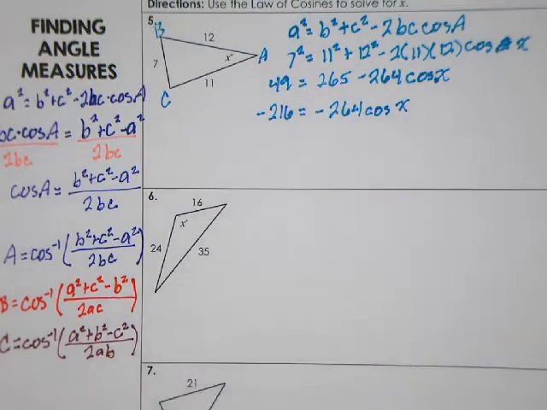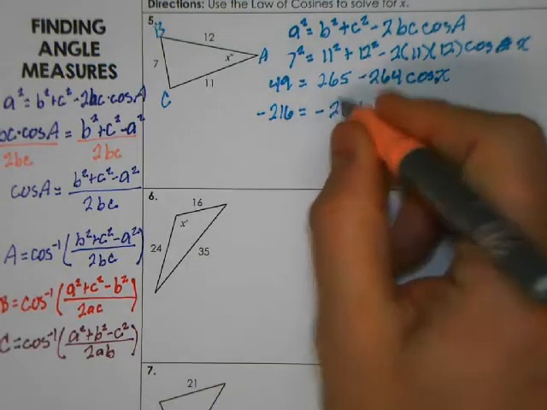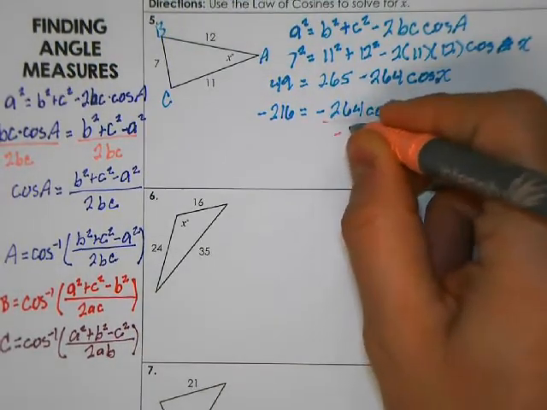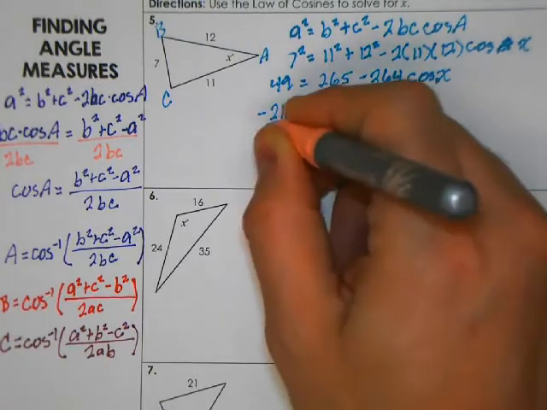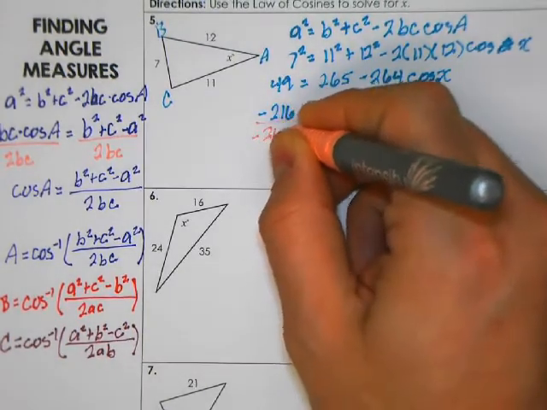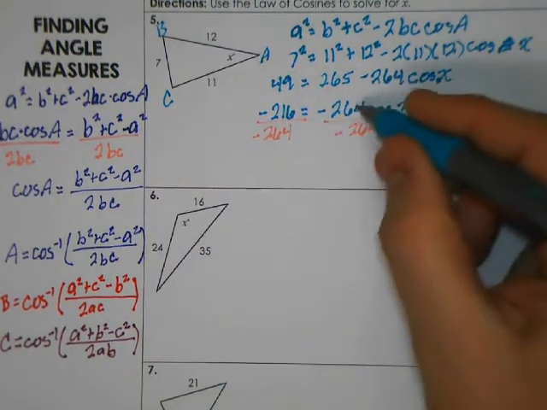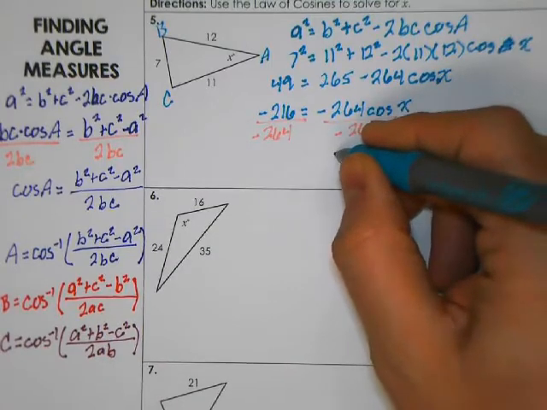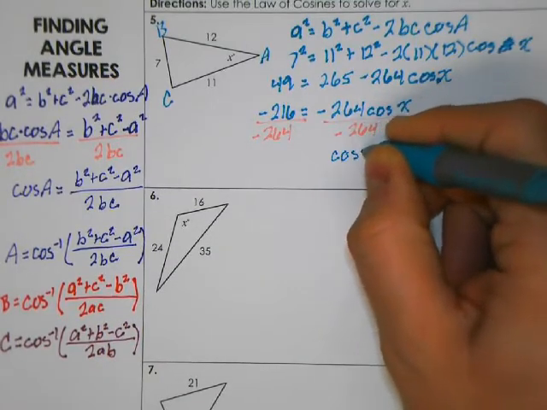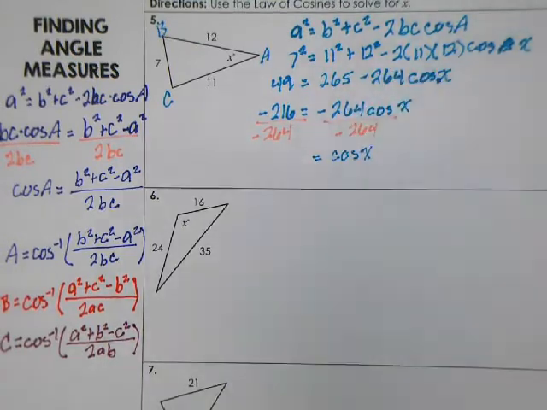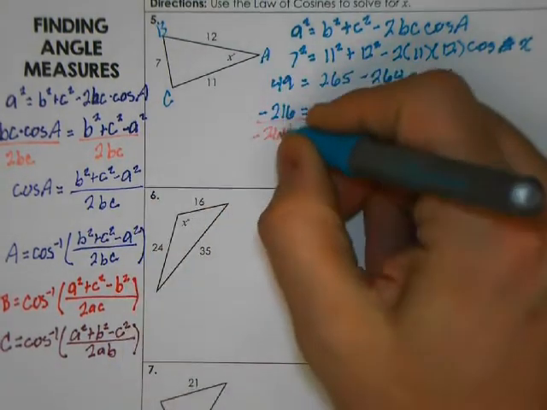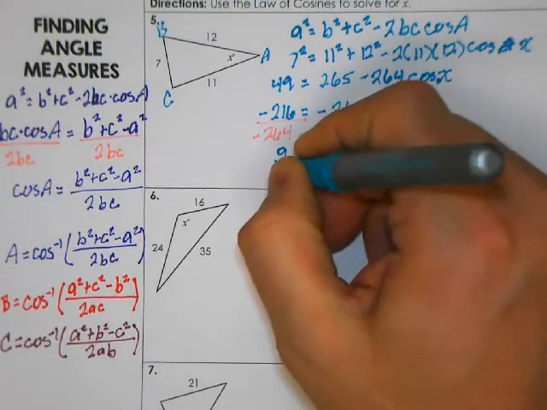At this point, let me show you what I'm doing with my division so nobody gets lost. Here we're dividing by negative 264, same thing here, negative 264. On the right side, the 264s simplify to be 1. So I'm left with the cosine of x equal to 216 over 264, which simplifies to 9 over 11.